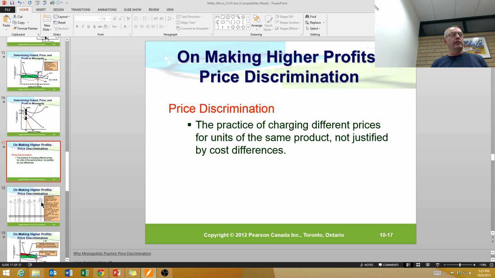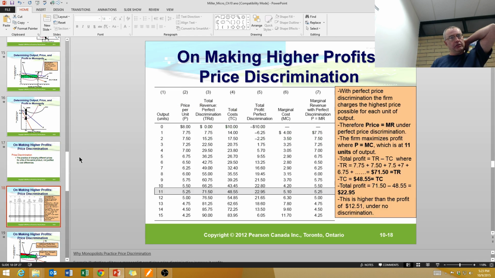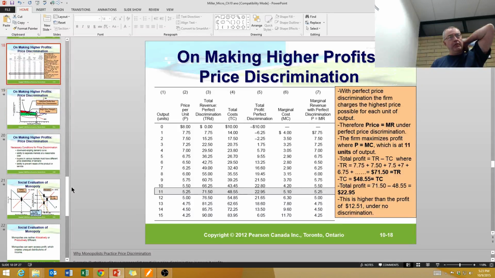Okay, so we're going to do an example of how price discrimination works, but we're going to see the same principle that we've seen before. Even if a monopolist practices price discrimination, the optimal level of output is the point where marginal revenue equals marginal cost.